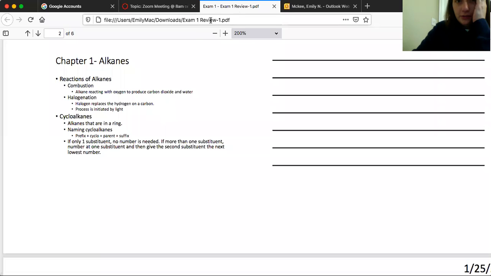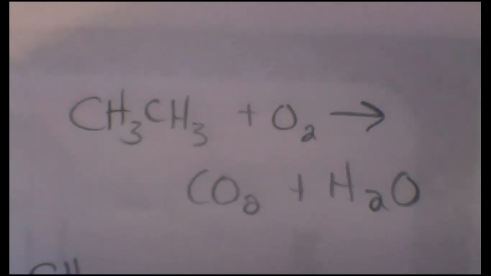I may need to stop sharing. There we go. Okay, so ethane reacting with oxygen is going to produce CO2 and water, and I'm not worried about balancing the equation. You guys don't need to worry about that. So just make sure to give me the correct products, or if I give you the product, give me the correct reactant.